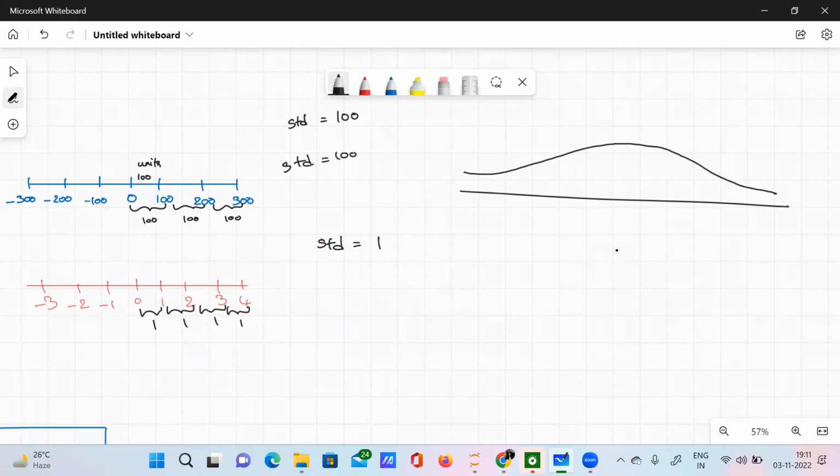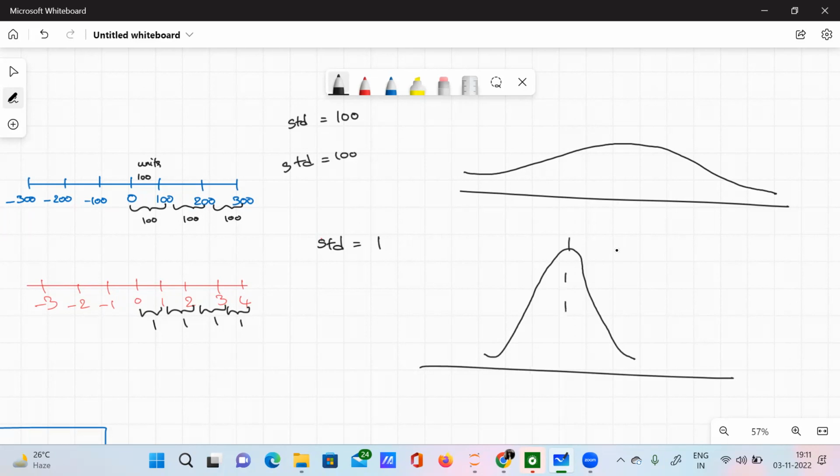And now when you plot this kind of graph, what will you get? You will get a kind of data like this.